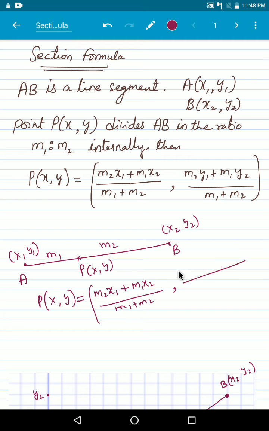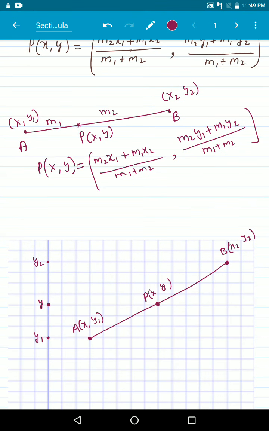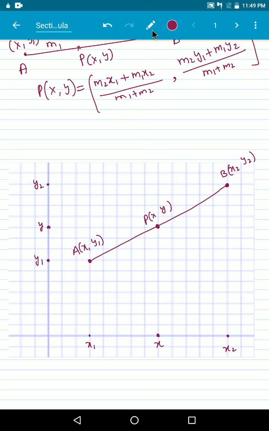And here (m2 y1 plus m1 y2) divided by (m1 plus m2). Okay, so this is the abscissa, and this is the ordinate. All right, so I hope you understood how to write the formula. Now let us derive this formula.